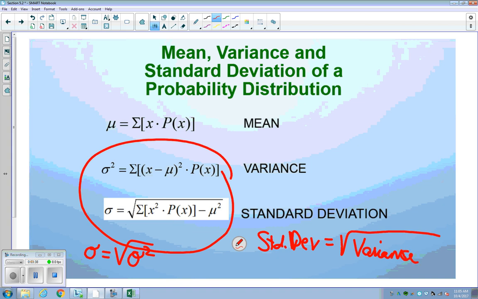Because when we look at these problems on our calculator and we get those statistics, sometimes our calculator is only going to give us the standard deviation. It may not give us the variance. So how would you get the variance? You would take the standard deviation and square it. Okay? So know that might happen.